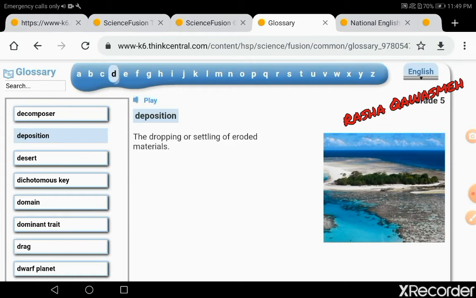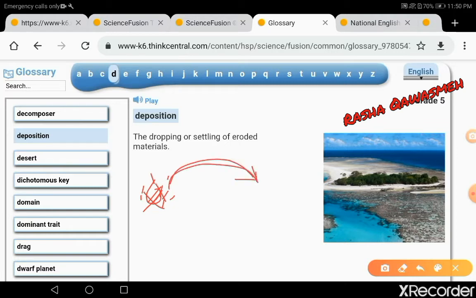Deposition. The dropping or settling of eroded materials. Now, after breaking down rocks, it will be eroded, carried away. Then it will be placed in another place. It will settle down, or it will be dropped in another place.